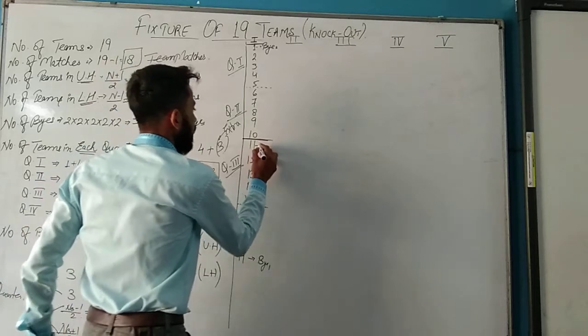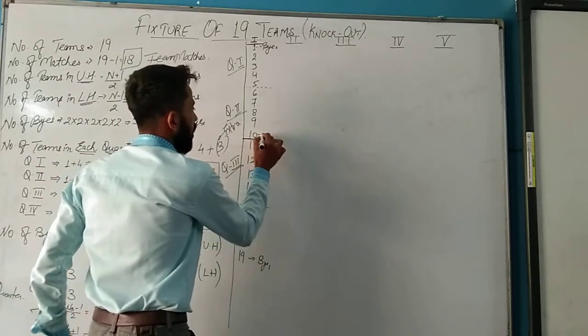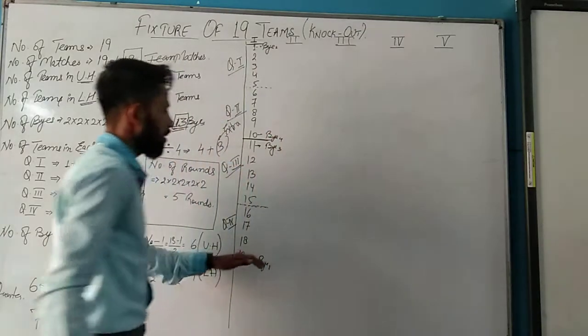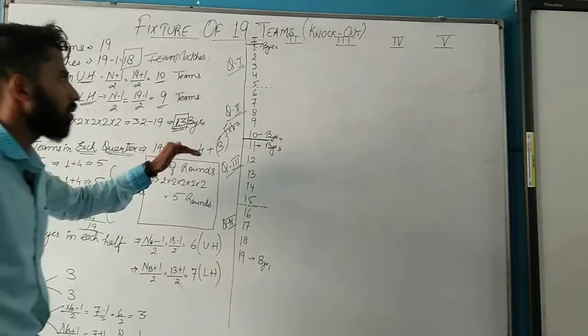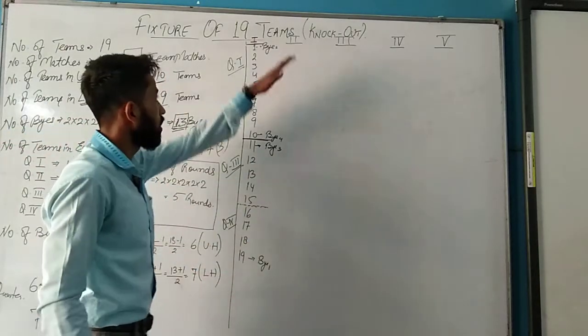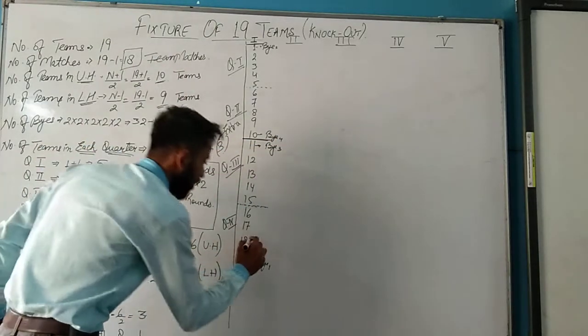Then the first team of lower half is bye 3 and another one is bye 4. This is the same process that we are going to use to divide the byes, 1, 2, 3 and 4. Now again repeat this procedure.